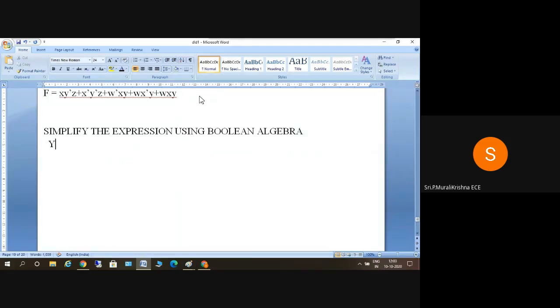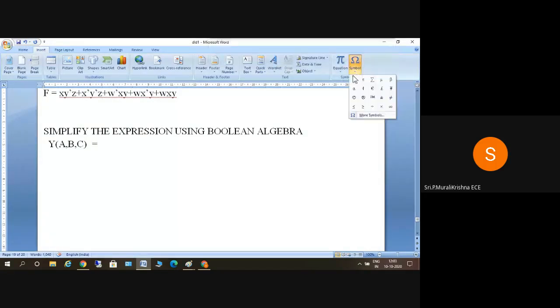Y of A comma B comma C is equal to sigma of 1, 3, 5, 7. Okay, so it will be given like this. So simplify the following expression using Boolean algebra. So the min terms are given. First I have to write all the min terms.